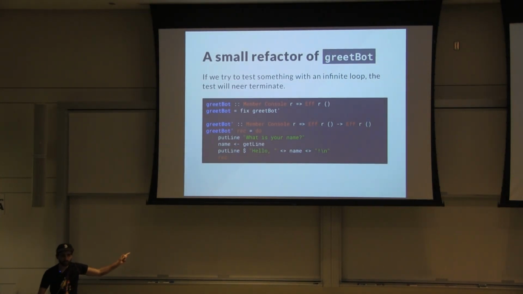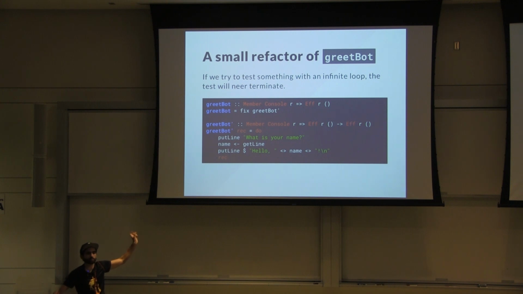So the first thing we need to do is make a small refactor of greetbot. The issue is that things that run forever aren't really good to try to test. So instead of having it be infinitely recursive, we're going to factor out the recursive call. And I think I used a keyword that I should not have, so don't actually try that with the actual rec value.